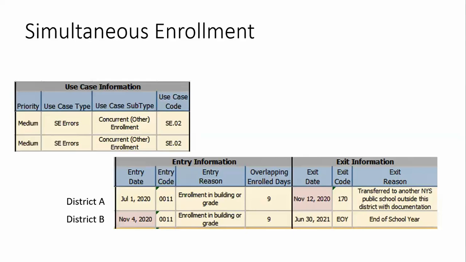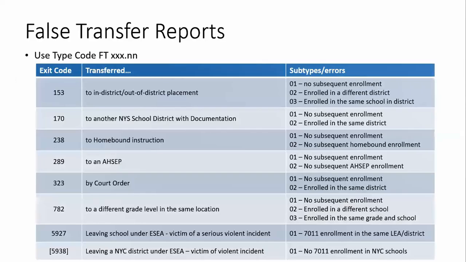Okay, we're going to move on to the final case, and we're going to look at this one from a high level. The final use case type code is for false transfers, and the pattern remains the same, but there are a plethora of these types of exit codes.